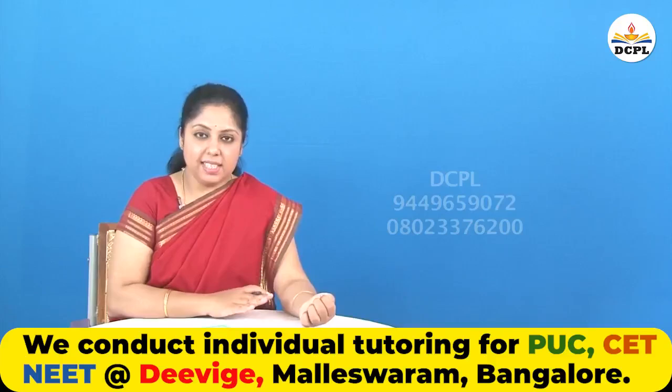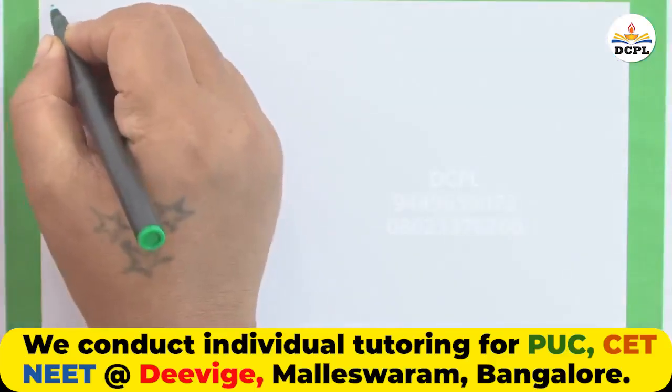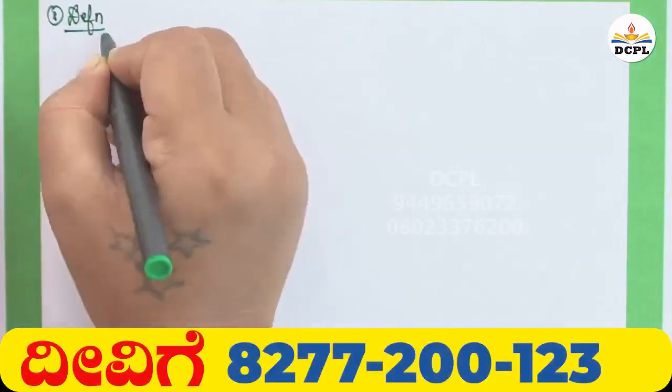Now let's summarize the chapter. So we first wrote the definition of an arithmetic progression. So how did we define?